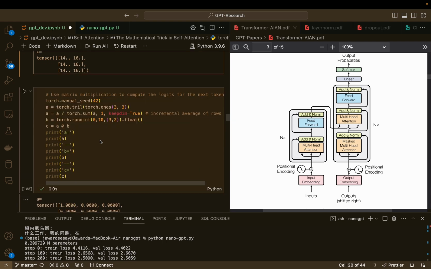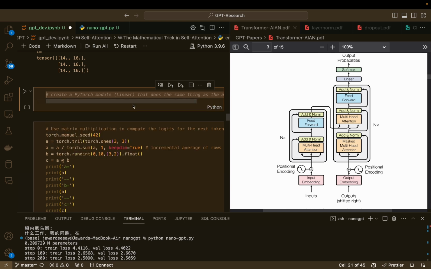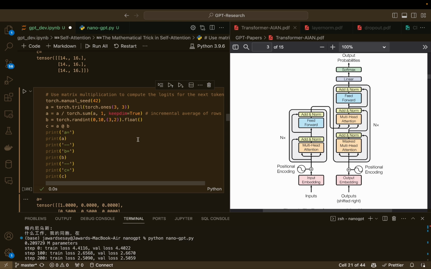In order to make it more efficient, there is this method in PyTorch called trill. Because we want to prevent the tokens from talking to their future tokens, we only want them to talk to their past tokens, that is the previous tokens. So this method in PyTorch called trill will truncate the matrix such that we only get values in the lower part of the diagonal.